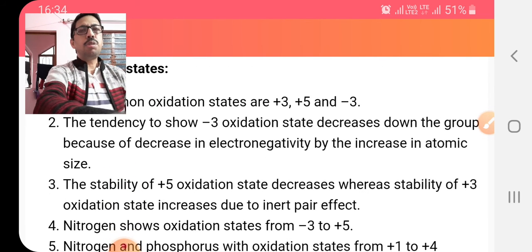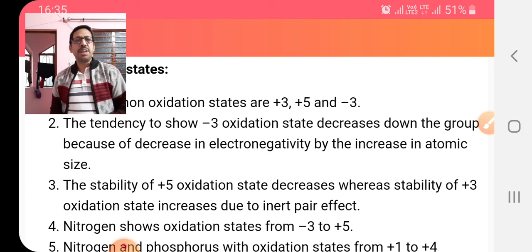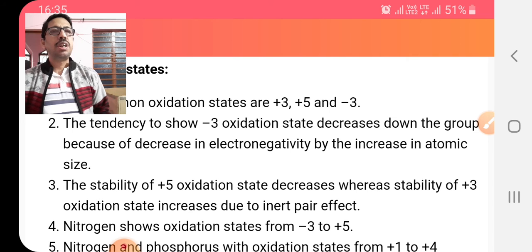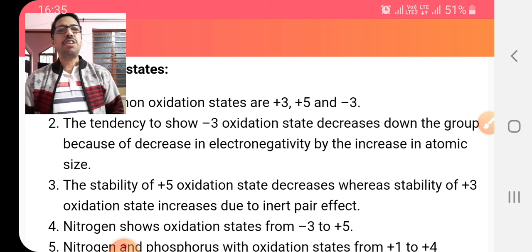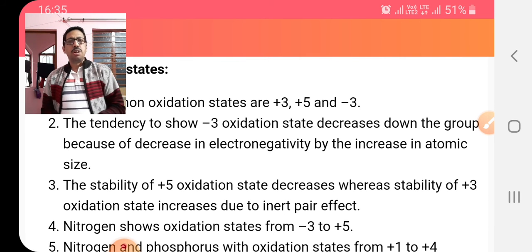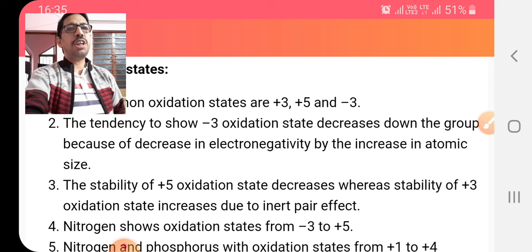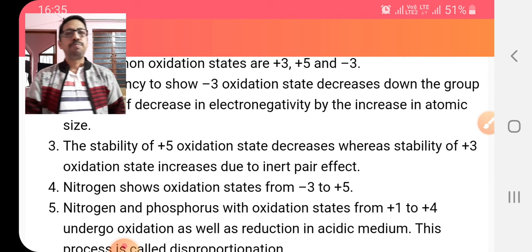Now move on to the next point. I have already explained that the stability of the +5 oxidation state decreases, whereas the stability of the +3 oxidation state increases due to the inert pair effect. Next point: nitrogen shows oxidation states from -3 to +5.